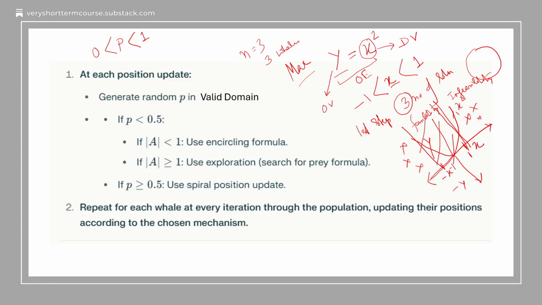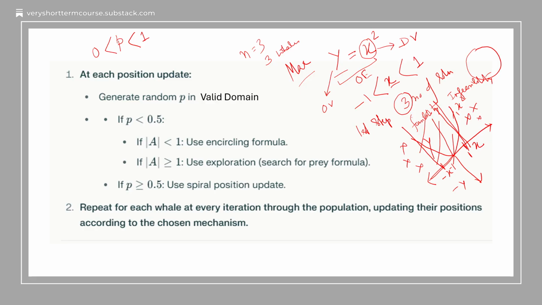Now if that generated value is less than 0.5, because your valid domain is 0 to 1, there may be some values which are more than 0.5, and there may be some values which are less than 0.5.